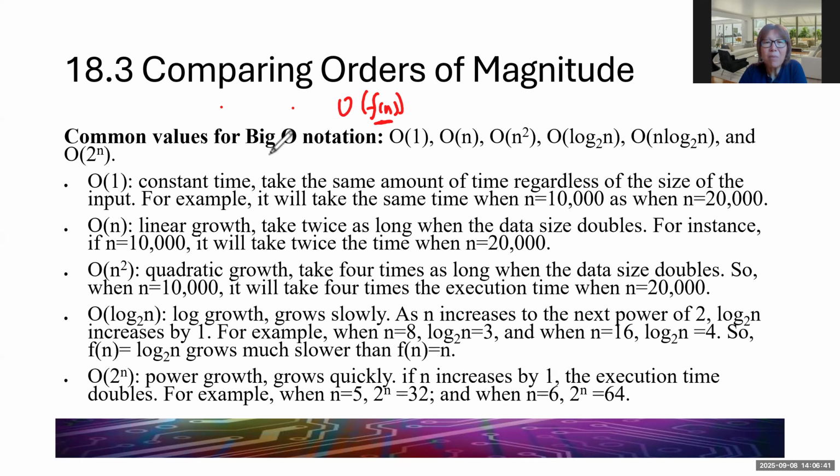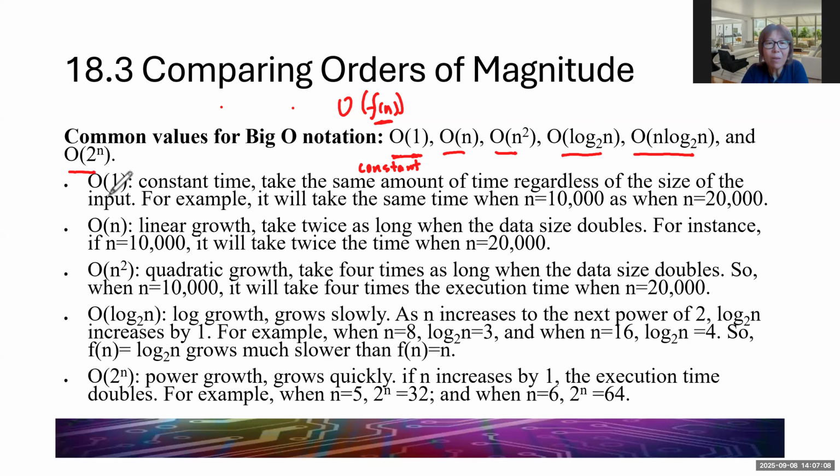Common values are order 1, which represents a constant, order n, order n squared, order log 2n, order n times log 2n, and order 2 to the n.